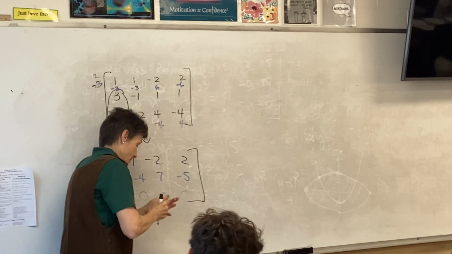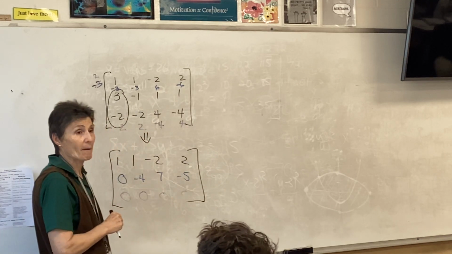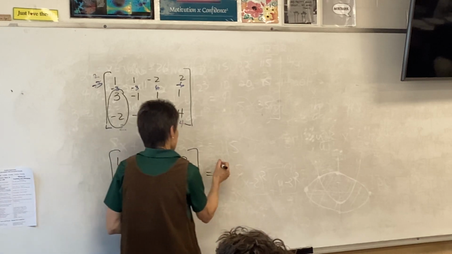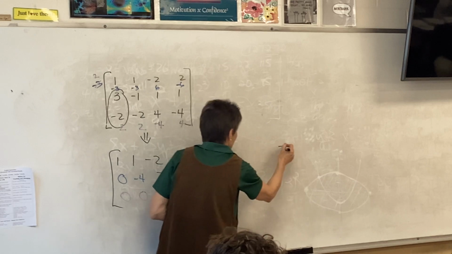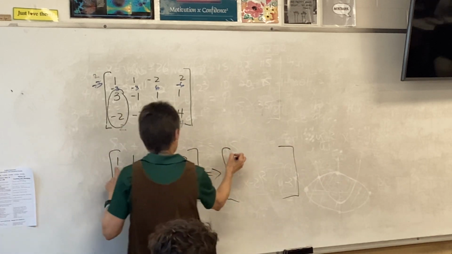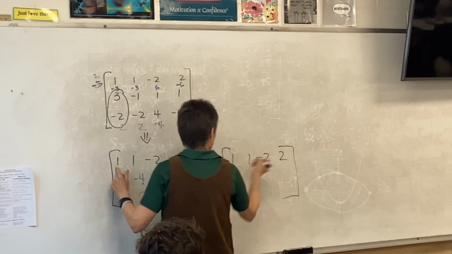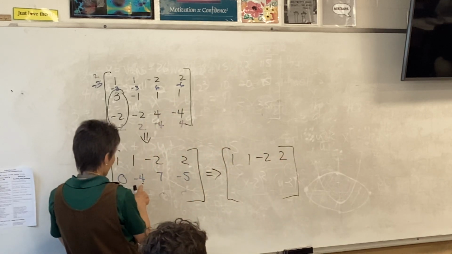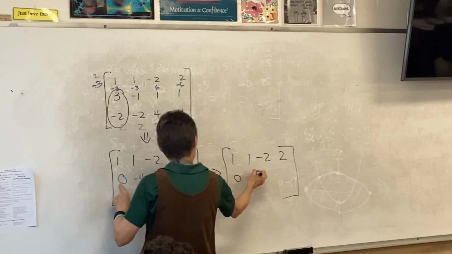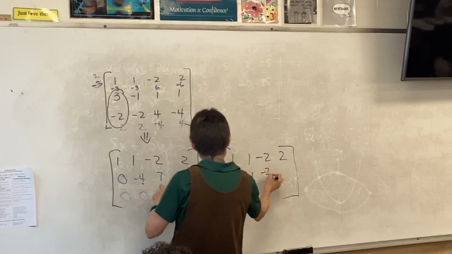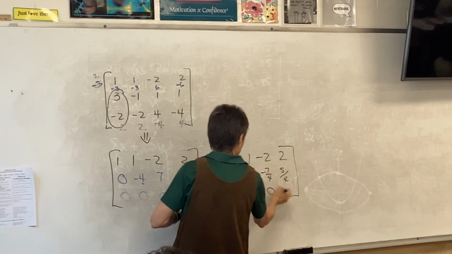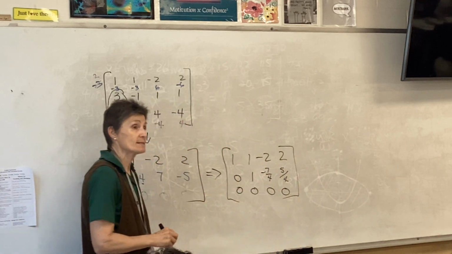I don't know if this has happened to us by hand before, but it doesn't make any difference. This is what happened. One more step, since it said Gaussian elimination, I need this to be a 1. So 1, 1, negative 2, 2 is my top row. Then how am I going to make this a 1? Divide by negative 4. So 0, 1, negative 7 fourths, and 5 fourths. And then all these zeros. So the matrix is complete.